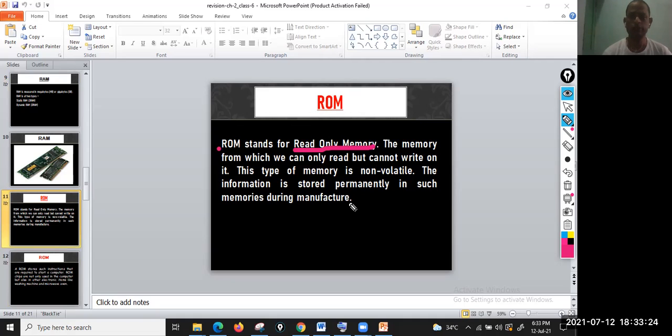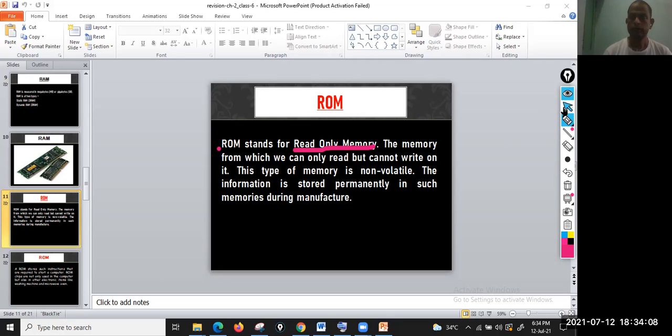When using the printer, you see the message that your ink is only 10% left, or when there is no page, you also get a message. All these are examples of ROM, read-only memory, where instructions are written at the time of manufacturing.